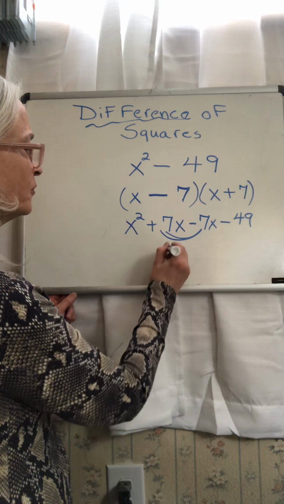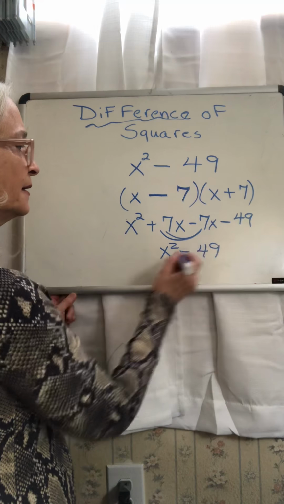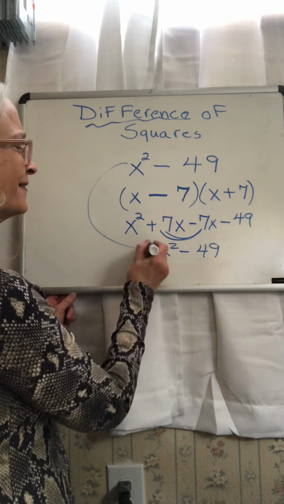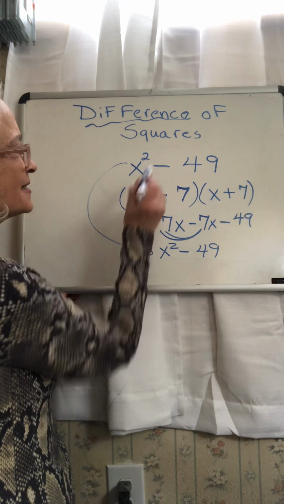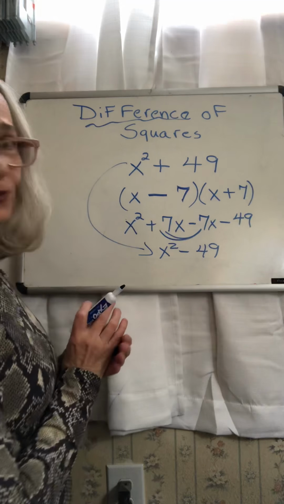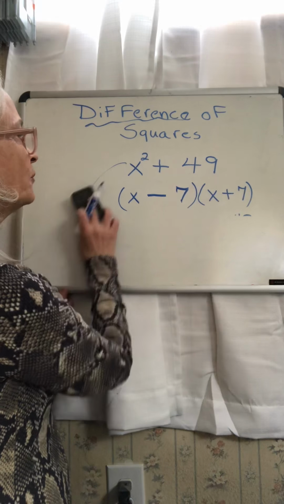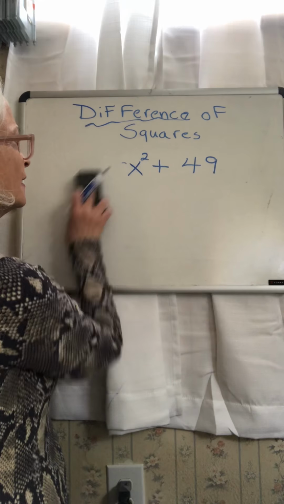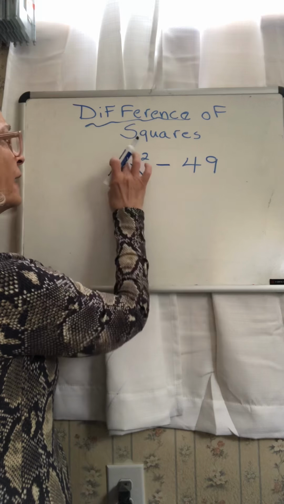And so we end up with just x squared minus 49, which of course is what we started with, right? So that's why this sign has to be negative, because if you had a plus, it wouldn't be a difference of squares. And you would end up with 3 terms when you factored it back out instead of just the 2 that you start with.